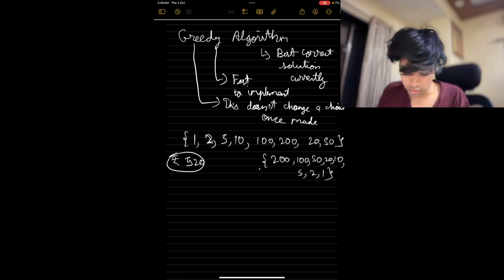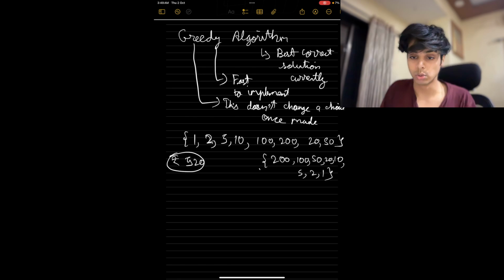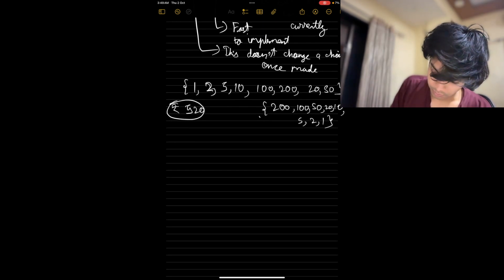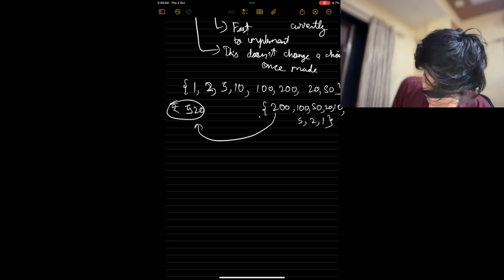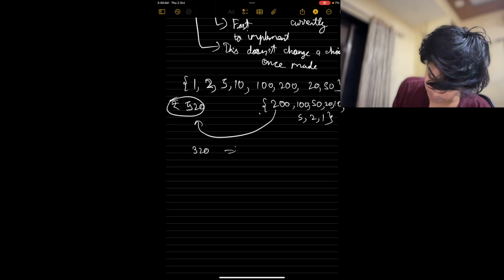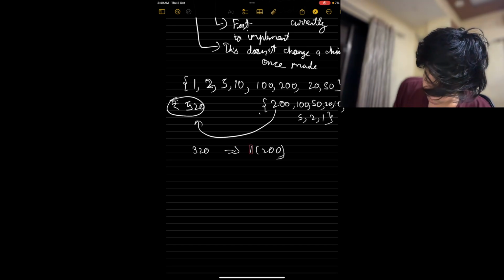If it's okay to be used, I'll subtract it and add a note, else we'll go to the next one. We check 200 first. Yes, a 200 rupee note can be used. Now I need 320 more. Again I'll use a 200, 120 more.